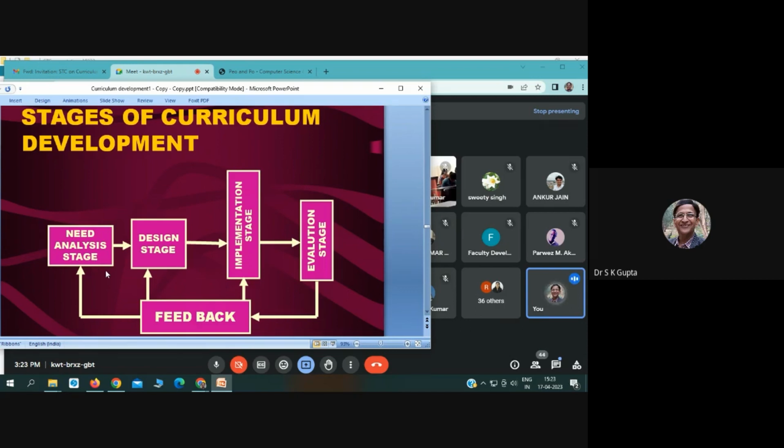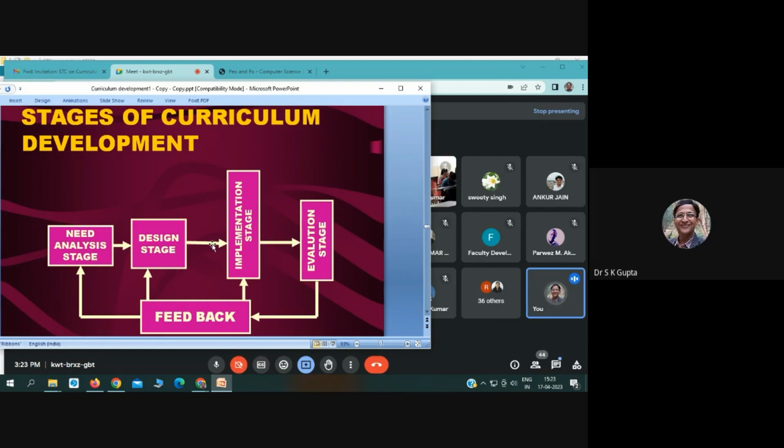Once the requirement of the program is there, we have established the need of the curriculum, then we go for the curriculum design stage. Yes, now I will be designing the program for these requirements which we have found out in the need analysis stage.